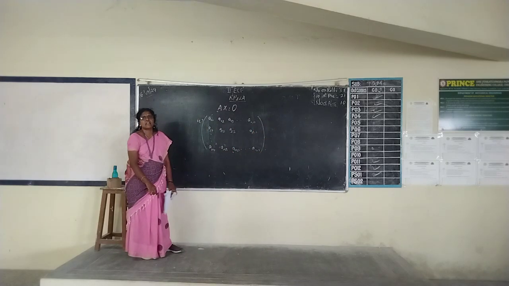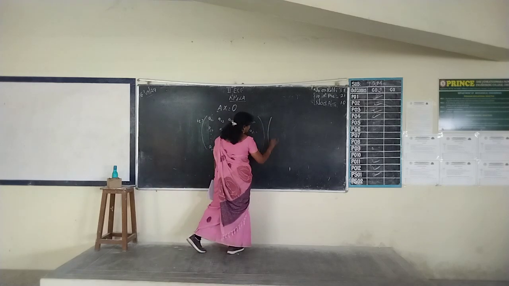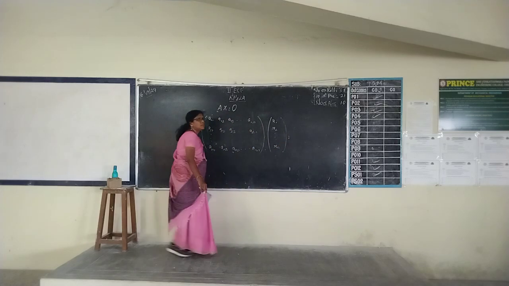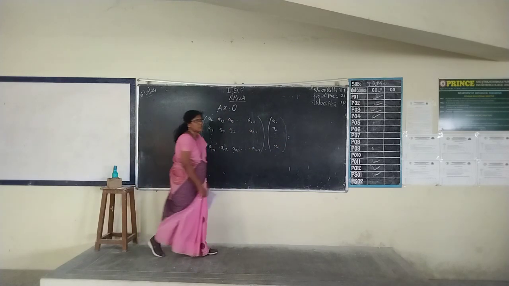X indicates the corresponding variables. So the variables may be x1, x2, etc., xn. That will be equal to the right-hand side, the corresponding zero column vector.